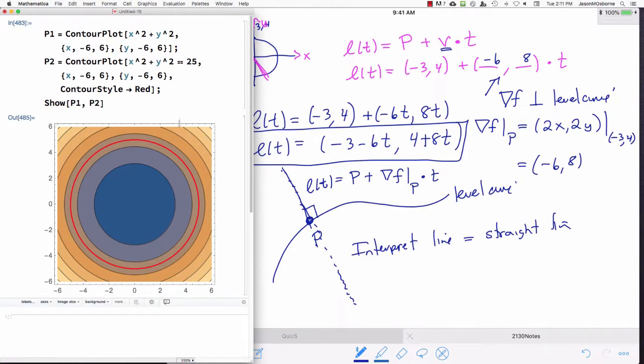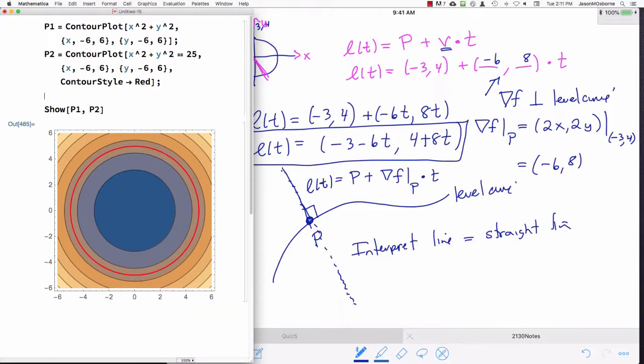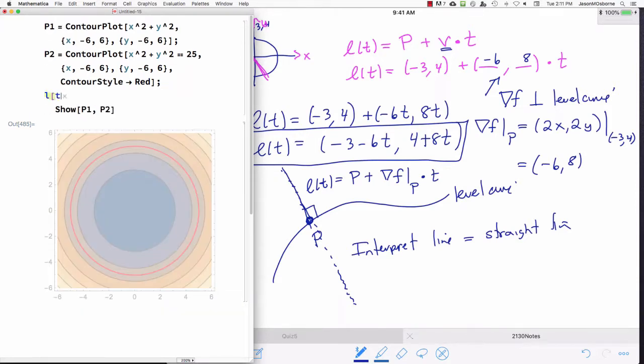But we wanted to add our line to see if it was correct. Did our line go through the point in question, and was it perpendicular? Which is what we were hoping. So there's your line.